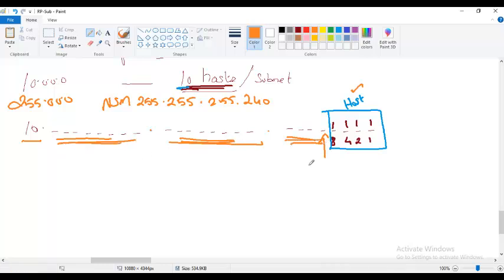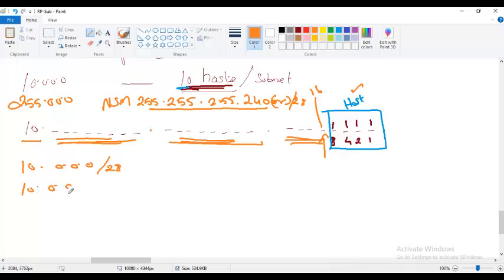What is the value here? It is 16. So our increment value in the fourth octet is 16, and /28 is the mask. This can also be written as /28. And now the next network will be 10.0.0.16.